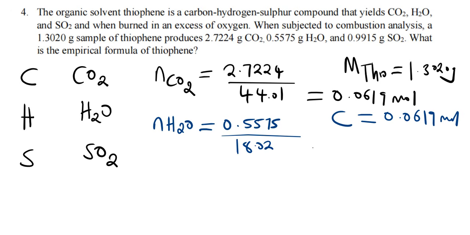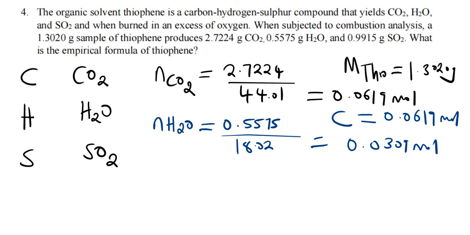Then I find out the number of moles. If I divide the two, 0.5575 divided by 18.02, I'm getting 0.0309 moles.